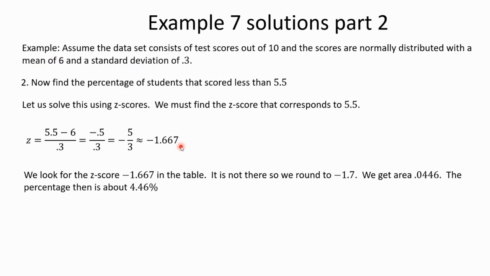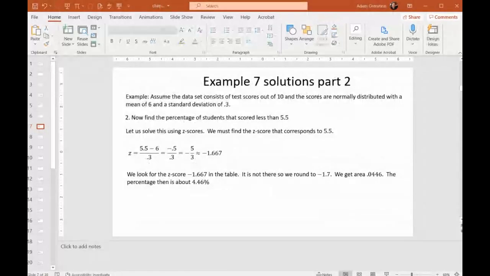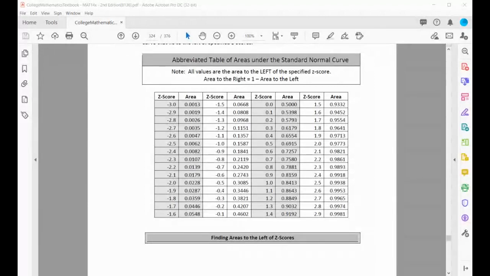And as before, this is not in the table. You know what? Let me show you. You can see that negative 1.667 and 1.667 are not in here. There's no z-score like that.